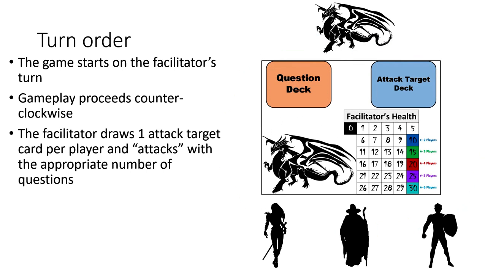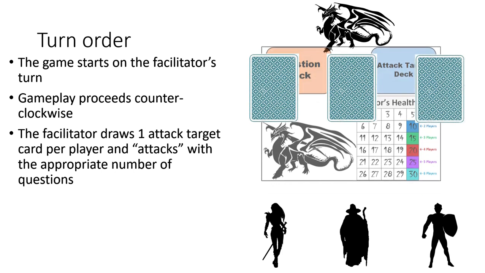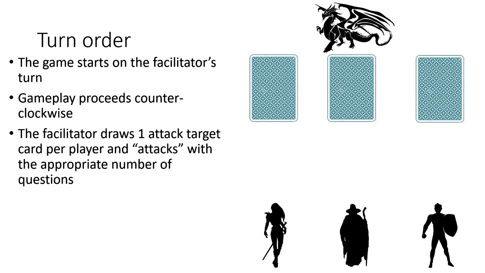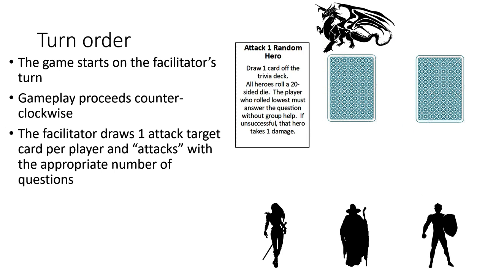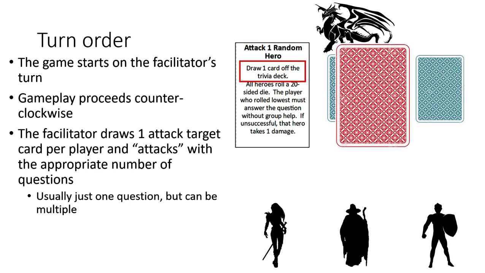The facilitator at the beginning of their turn will draw one attack target card per player and reveal them one at a time and then resolve them. So for this first one that's in front of Ari, this is an attack one random hero card, so it's only going to be one question targeted at one player.